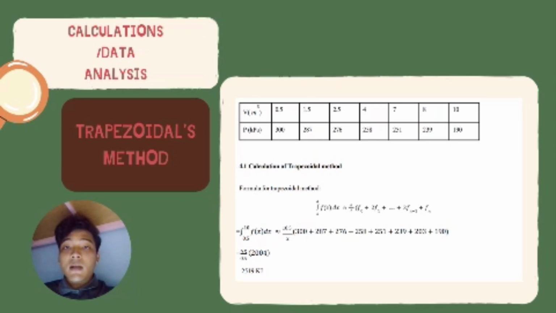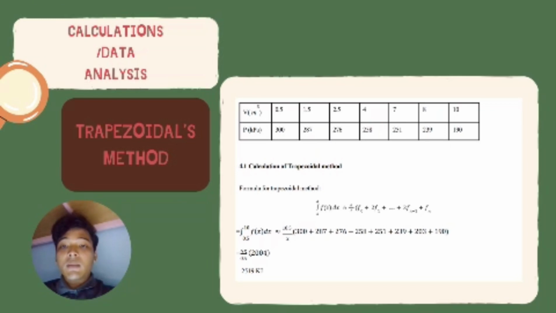I will be continuing the presentation for the result or data analysis, which is the calculations. As you can see on the slides, we are showing the trapezoidal method, where this calculation uses the trapezoidal rule to approximate the integral of a function, and I will show you the step by step for the calculations.